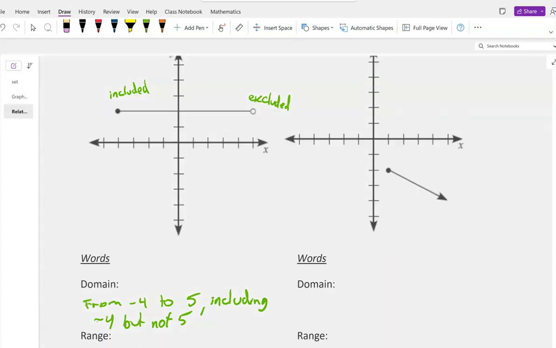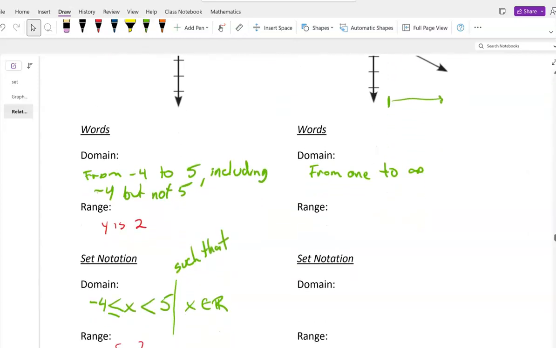All right, let's give it a shot. The domain. Does it make sense? It goes from 1 to infinity. So I'm going to say from 1 to infinity. What does that look like in set notation? Well, you have a couple of choices here. I could say from 1 to infinity, so x is greater than or equal to 1 and less than infinity.